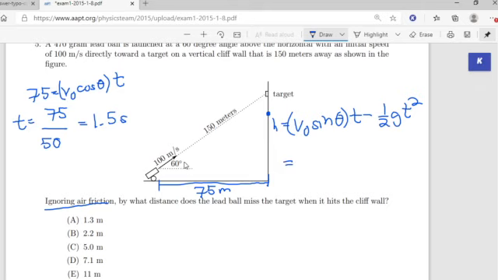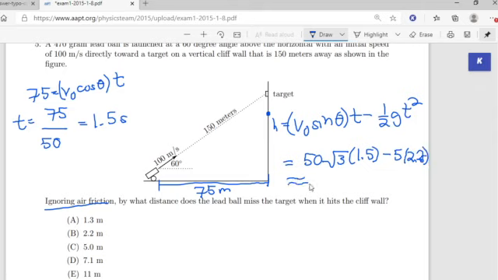Root 3 over 2 times 100 is just 50 root 3, times 1.5, minus, well, g is approximately 10. 1.5 squared is 2.25. 10 times 1 half is 5. So we get 5 times 2.25.